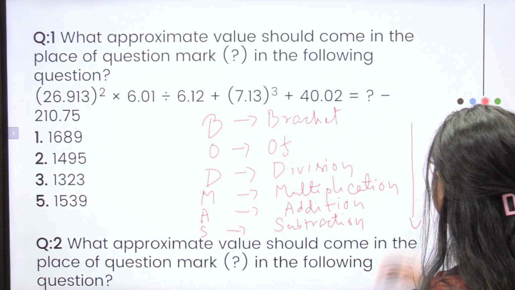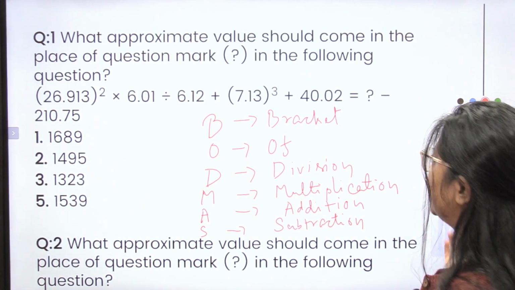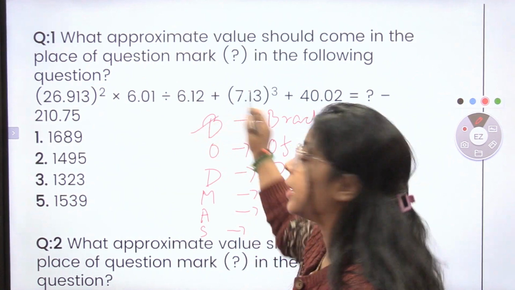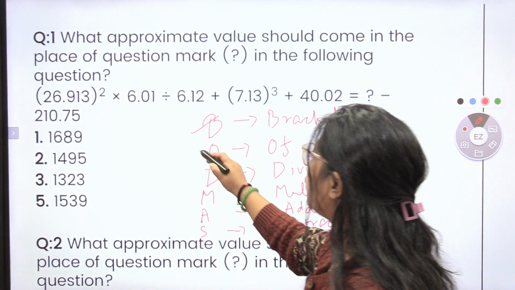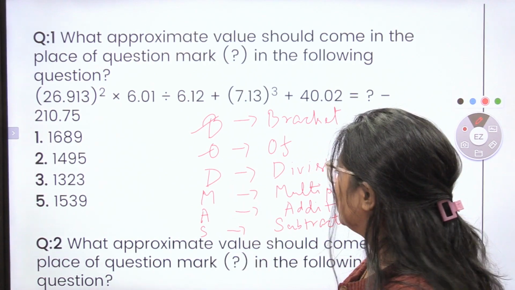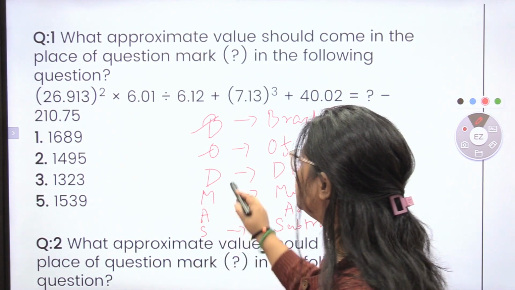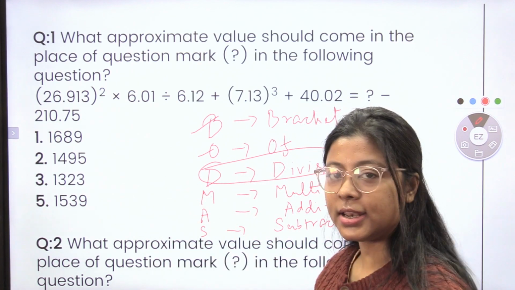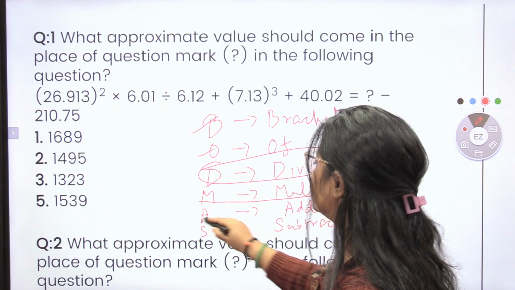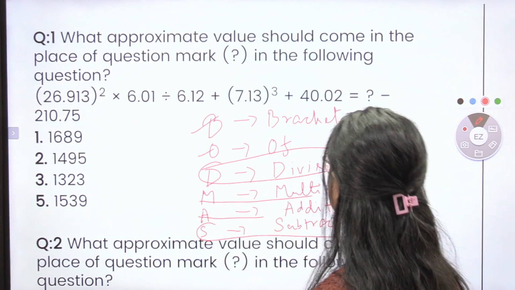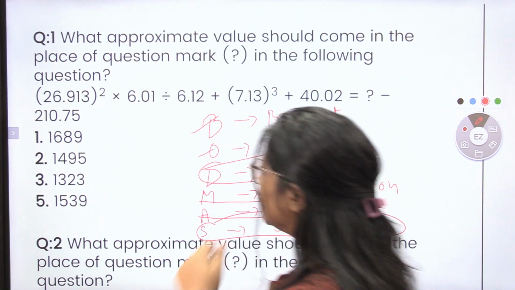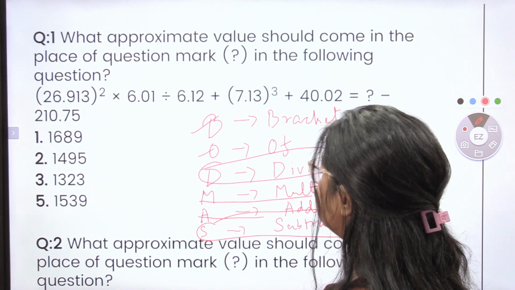So what is the order here? If you get a bracket in a question, then you need to solve the bracket first. Then you come to of. If there is a division before multiplication, then you need to do the division first. After you solve multiplication, you come to addition, and at last we solve subtraction. Are you understanding what I am talking about?